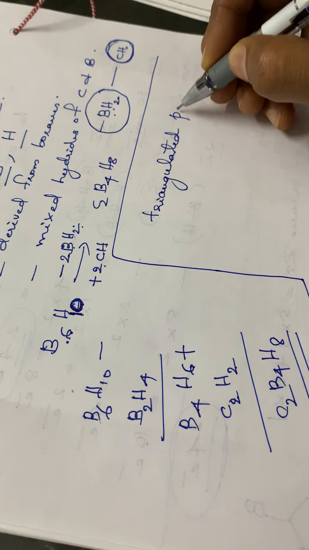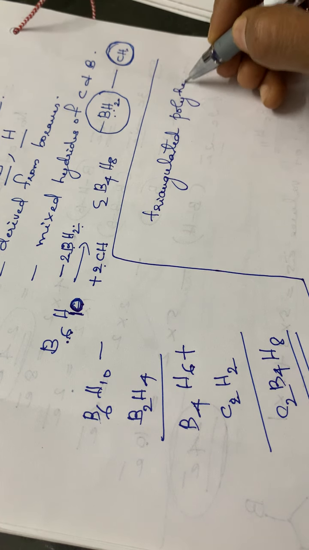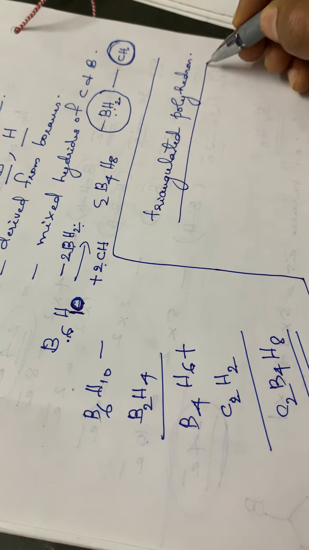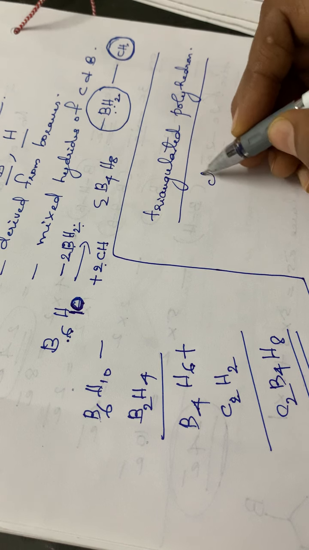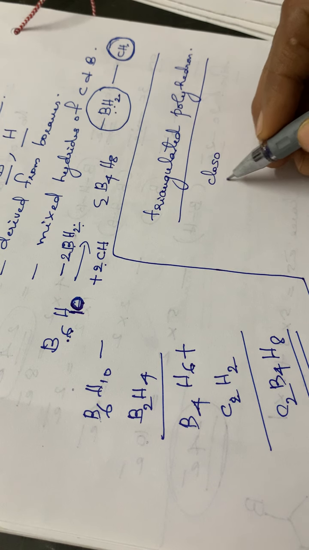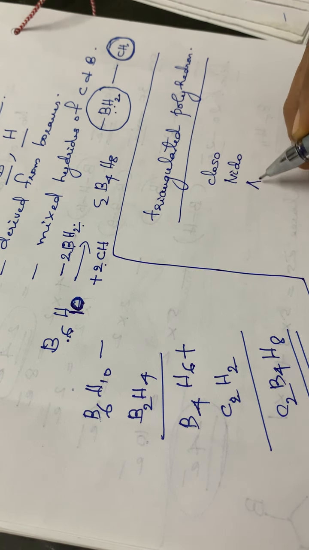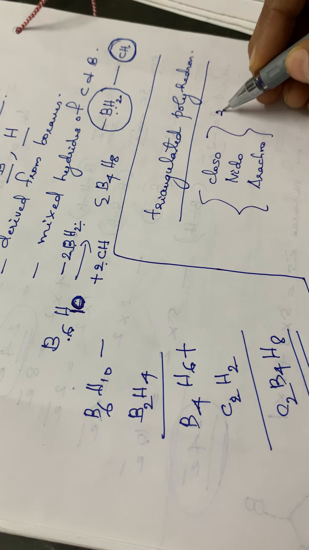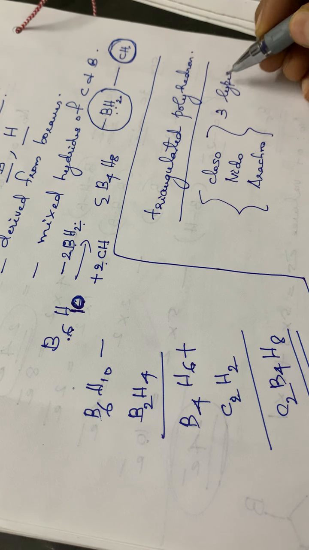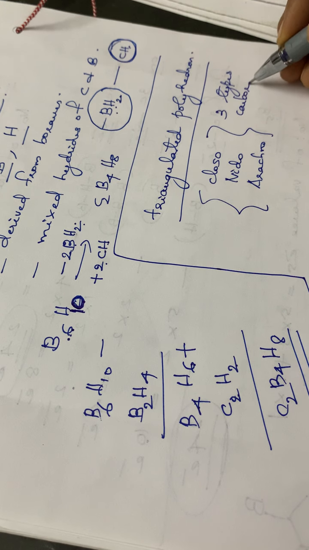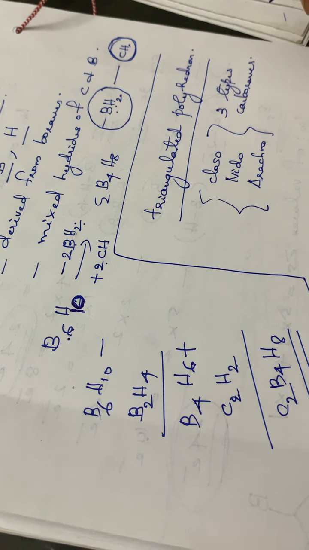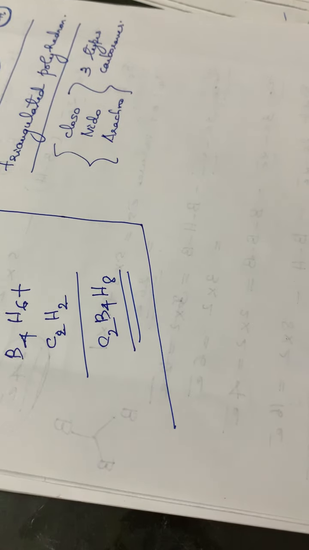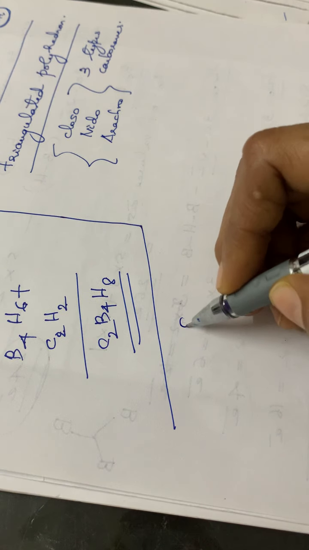In the case of carboranes also, three classifications are there: closocarborane, nidocarborane and arachnocarborane. Three types of carboranes are there, closo, nido and arachno, just like the boranes.